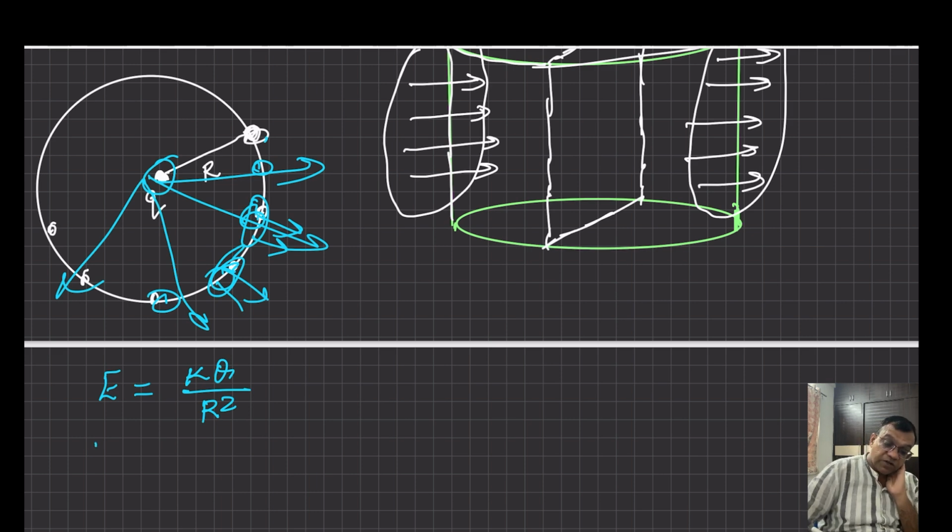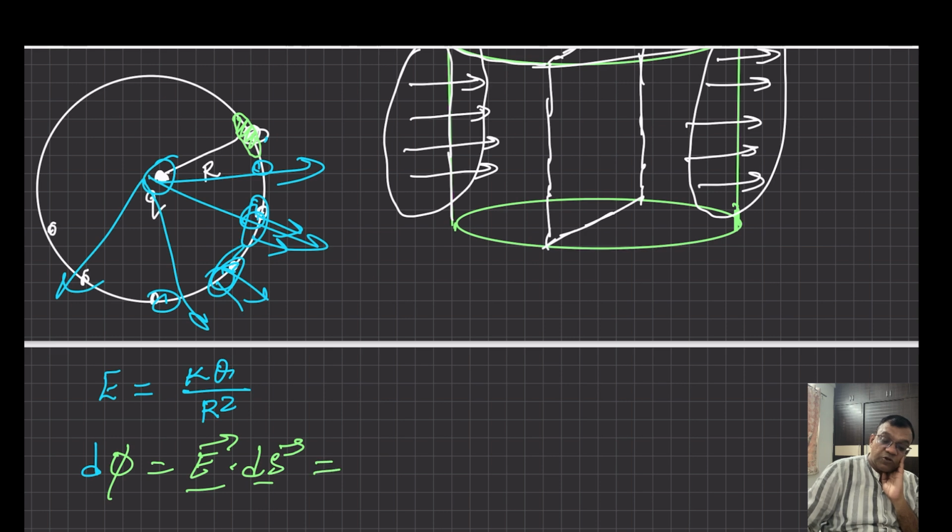So the flux linked with any small element, if I take a small element of area ds, will be E dot ds, and the angle between these two is 0. So it becomes E ds cos 0. E becomes kq upon r square into ds.